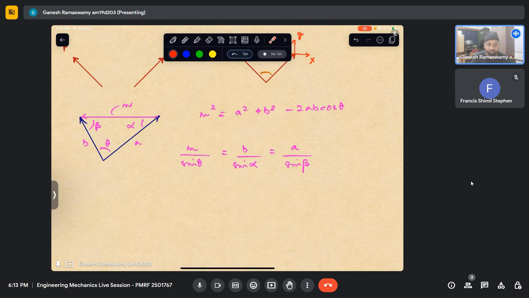B and A you know. So alpha and beta you can easily calculate. Clubbing, these are three equations, right? So two at a time you can take. These two at one time and these two at a time. Opposite, no? B's opposite angle will be its denominator.